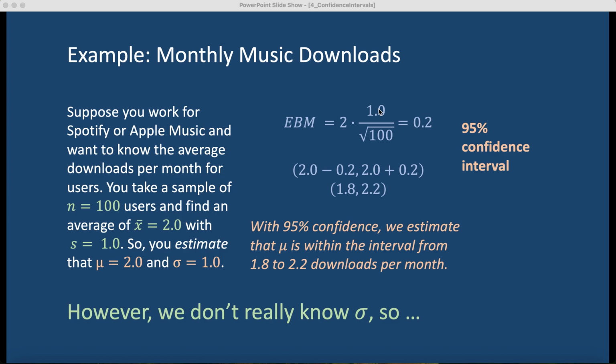To give a more precise, better answer, we need to think a little bit more about the distribution that we're using. Using the normal distribution, we get 1.8 to 2.2. But what about that extra uncertainty because we're estimating this value?